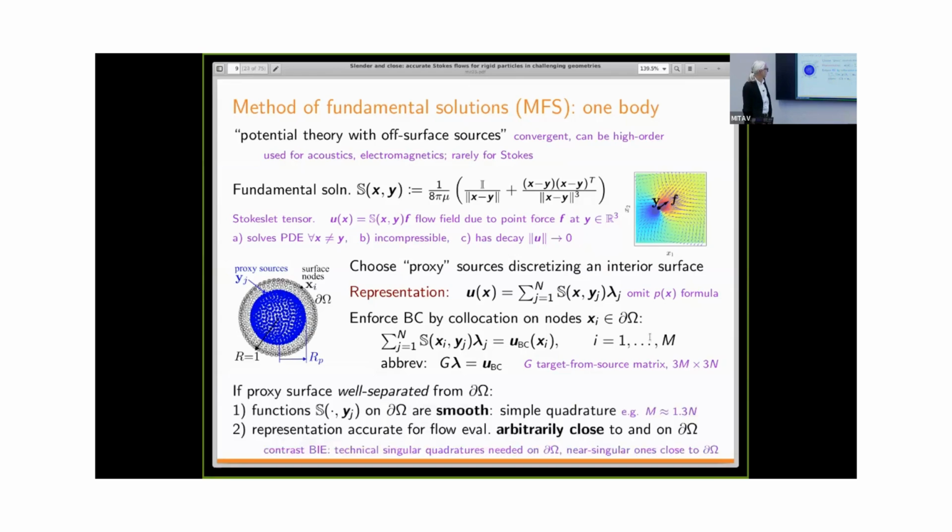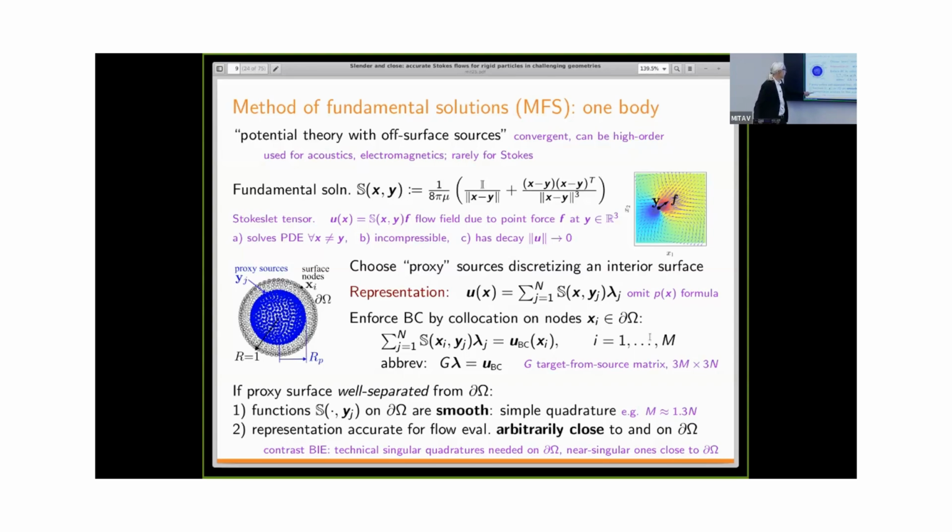Okay. Sounds great. If you make this proxy surface well separated, on the scale of the grid spacing, from the surface, then all of these basis functions you're using are smooth on the surface, and you can just use the simplest quadrature scheme on the surface. You need a few more points, like 1.3 times the number of source points, and the thing has converged.